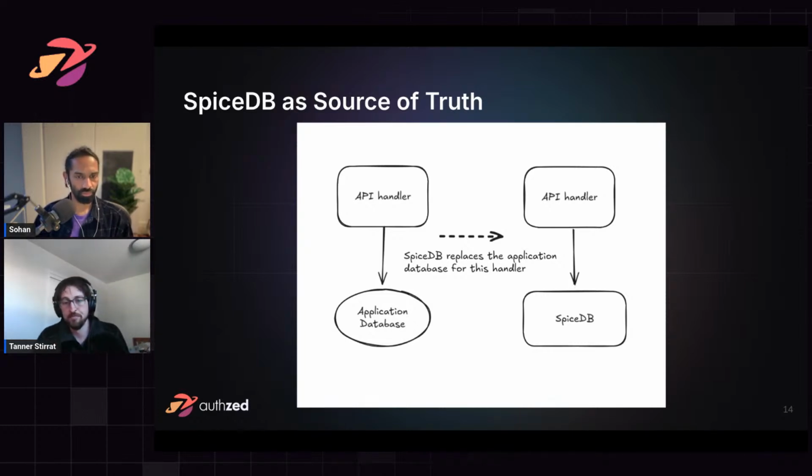It's only going to work for some use cases, though, because SpiceDB is an authorization database. It is highly optimized to answer questions about whether a subject has a permission on an object.